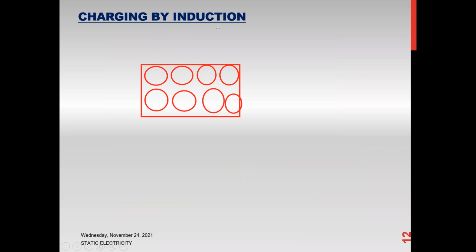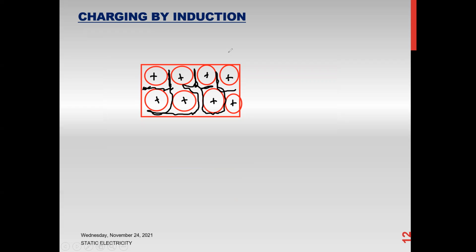What is the structure of the metal? As we have discussed many times, a metal contains a lattice of positive ions, a regular arrangement of positive ions, and delocalized electrons. Electrons are there which are free to move within these spaces.